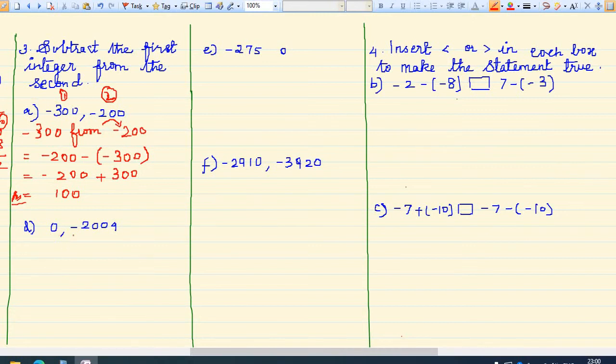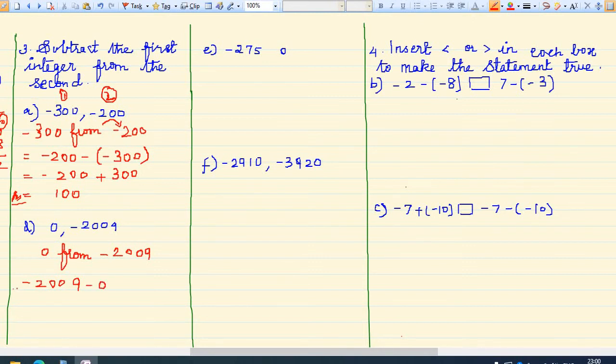Now listen, 0 minus of 2009. First integer from second integer. So listen, children. So what is it? Minus 2009 minus of 0.